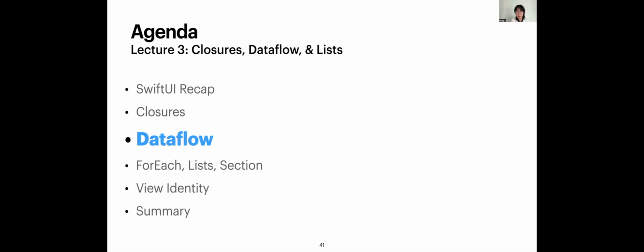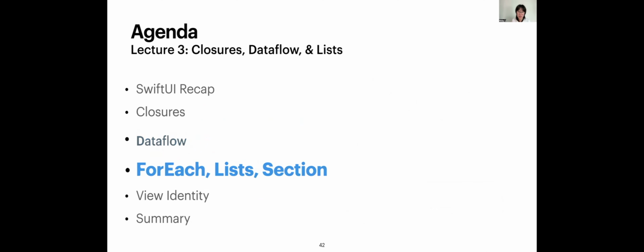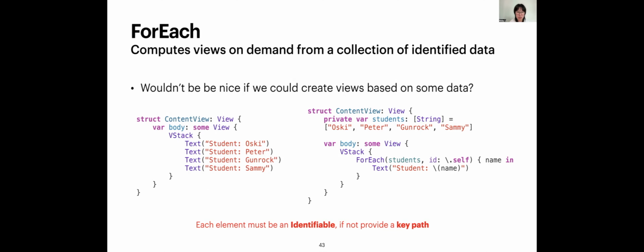So now we know how data flows. Let's talk about displaying collections of data. Often you have a list of data, like an array of student names, and you want to create a view for each item. You can hardcode text views for each student, but that's static and doesn't scale. Instead, we use ForEach. You give it a collection and a closure that produces a view for each element.